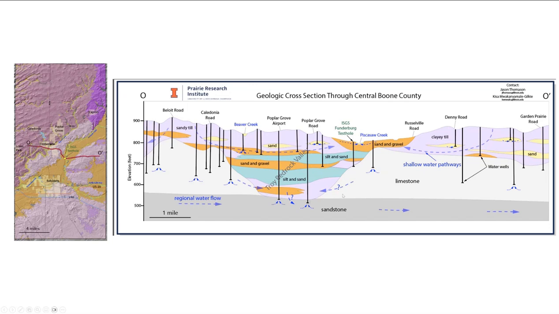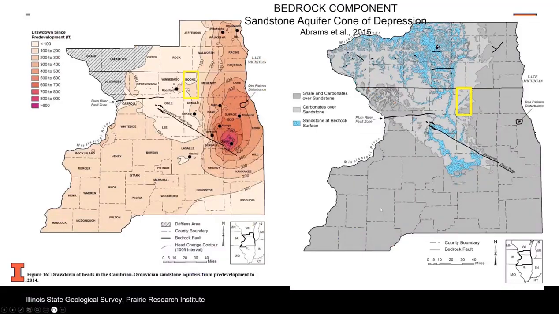The regional water flow deeper is sometimes recharged by places where this incision occurs, recharged by places where there are fractures within an upper unit that can allow water to flow through, and other places where this sandstone is actually exposed at land surface, which this is a map of here, where the sandstone in McHenry County Boone County is 300 feet deep, but it's exposed in Wisconsin up in here, exposed at land surface, for example, or exposed at close to land surface.